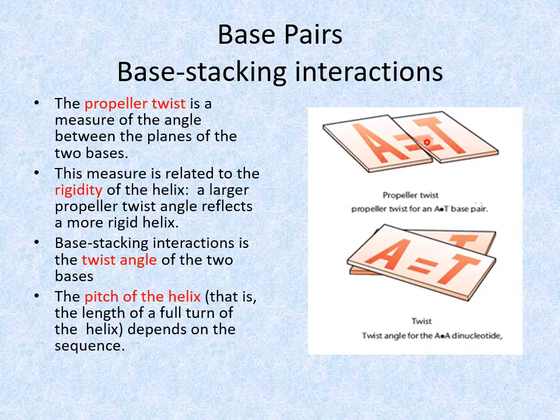They are twisted a bit, and that is referred to as the propeller twist. While when we use the word twist, we mean the angle between two adjacent nitrogen base pairs. So that is the twist.